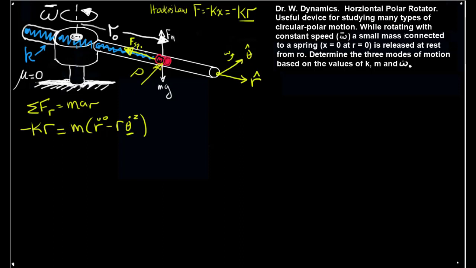And theta dot is omega. We divide through by m and combine these two terms, and we'll get r double dot plus (k on m minus omega squared) r is equal to 0.